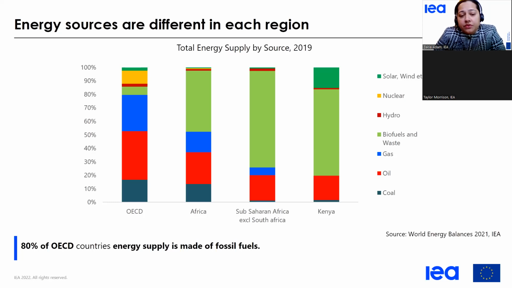But when we move further into sub-Saharan Africa, we see that the share of biofuels increases even more and is around 70%. And when we look at Kenya, it's a bit less than 70%. It's around 64% in 2019. And so in Kenya, we see that solid biofuels still account for a big share of the energy mix. And when we look more at the specificity of Kenya, it's one of the only countries in Africa with geothermal.